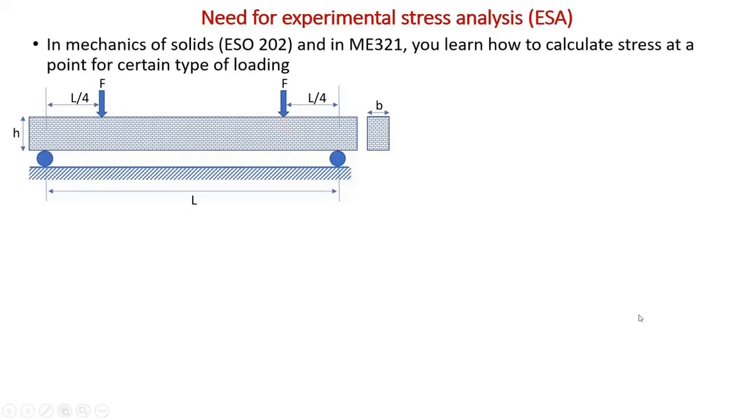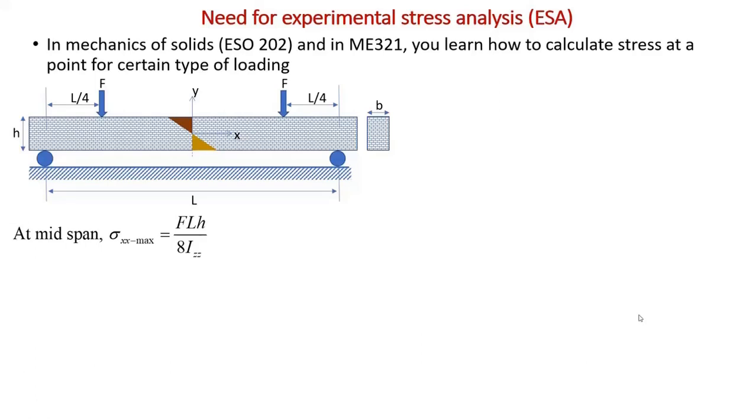The beam has a rectangular cross section with a width of B and a depth of H. Now, if you consider the section at mid-span, you know from your mechanics of solids that the bending stress varies linearly along the depth of the beam. For this loading condition, you have compressive stresses at the top and tensile stresses at the bottom. You also know how to calculate the maximum bending stress, as given in this expression here.